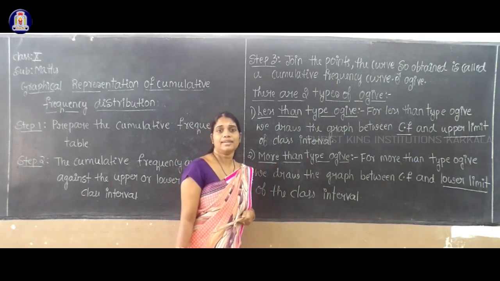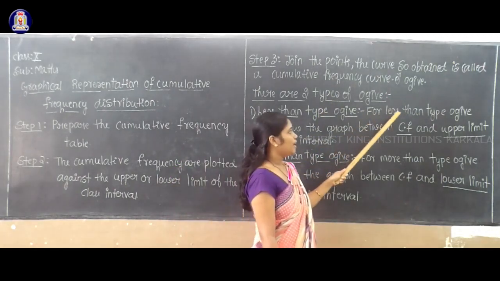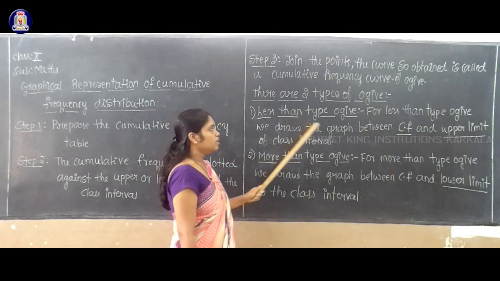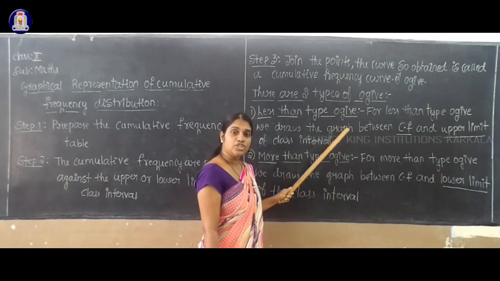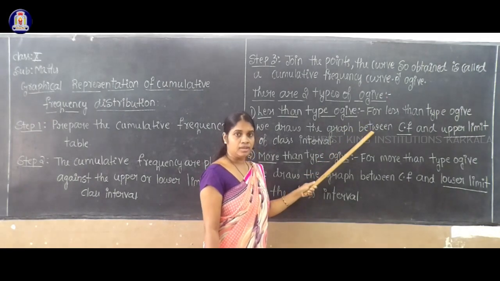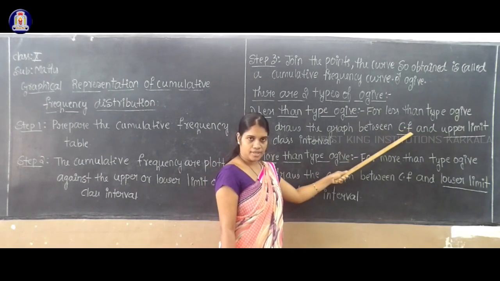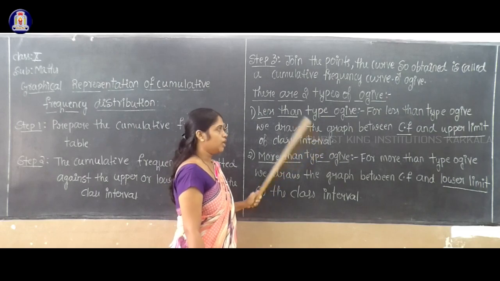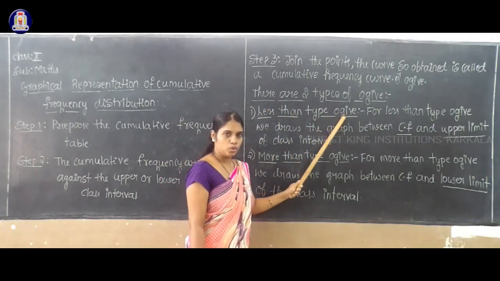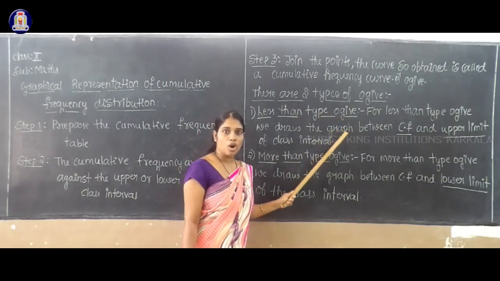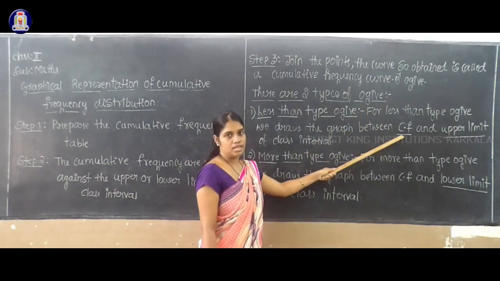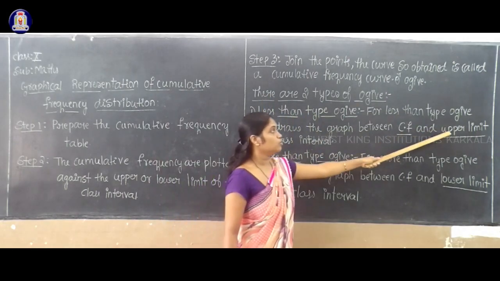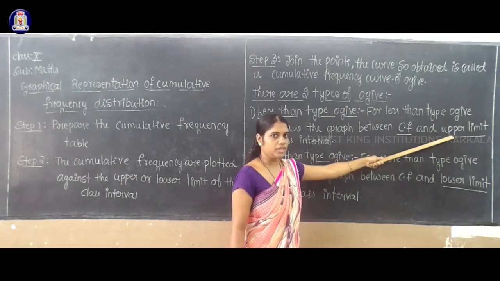What is this less than type ogive? For the less than type ogive, we draw the graph between cumulative frequency and the upper limit of the class interval. So how to draw the less than type ogive? Cumulative frequency versus upper limit. Remember, for the less than type we use the upper limit of the class interval.